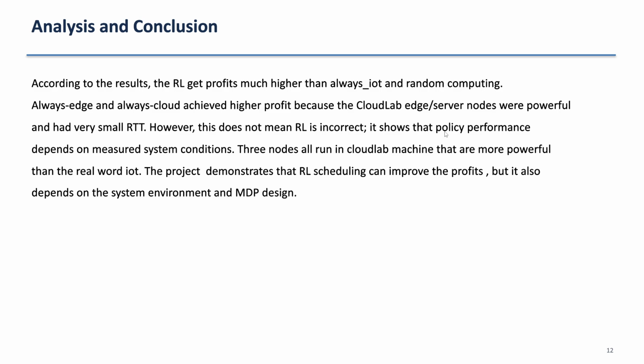It shows the policy performance depends on the measured system conditions. The three nodes are run on CloudLab machines that are more powerful than real-world IoT devices. So, the project demonstrates the RL scheduling can improve the profits, but it also depends on the system environment and the MDP design.